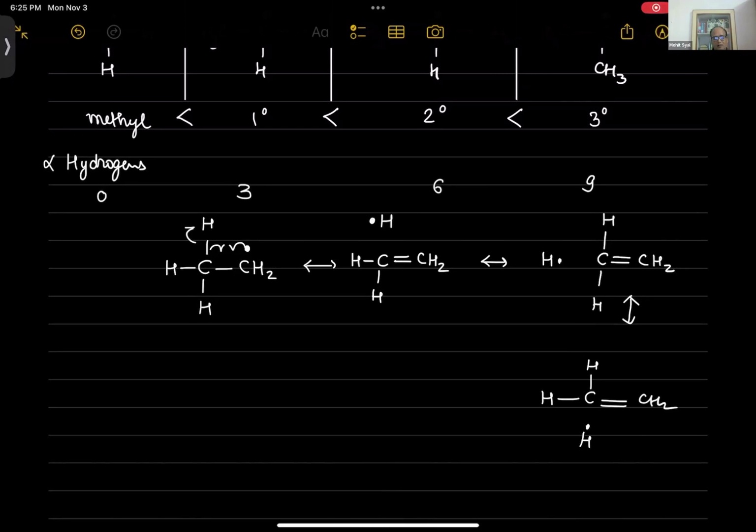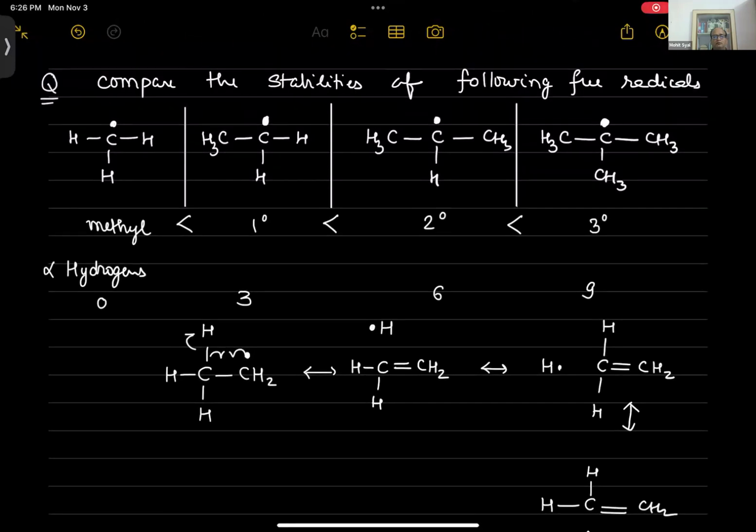So 3 hydrogens, turn by turn, can let their bonded electron participate in hyperconjugation with the carbon radical. Got it? So the hyperconjugation structures involve how many CH bonds? 3.